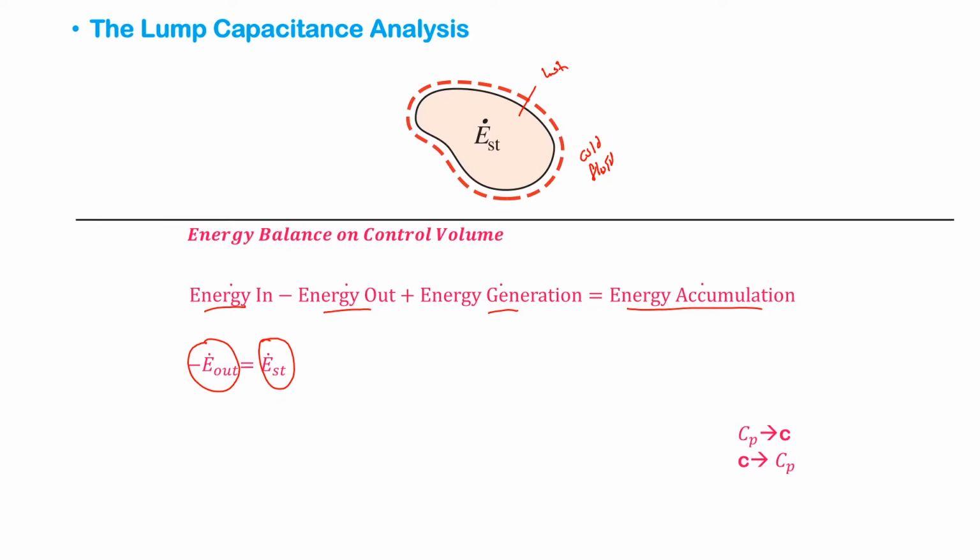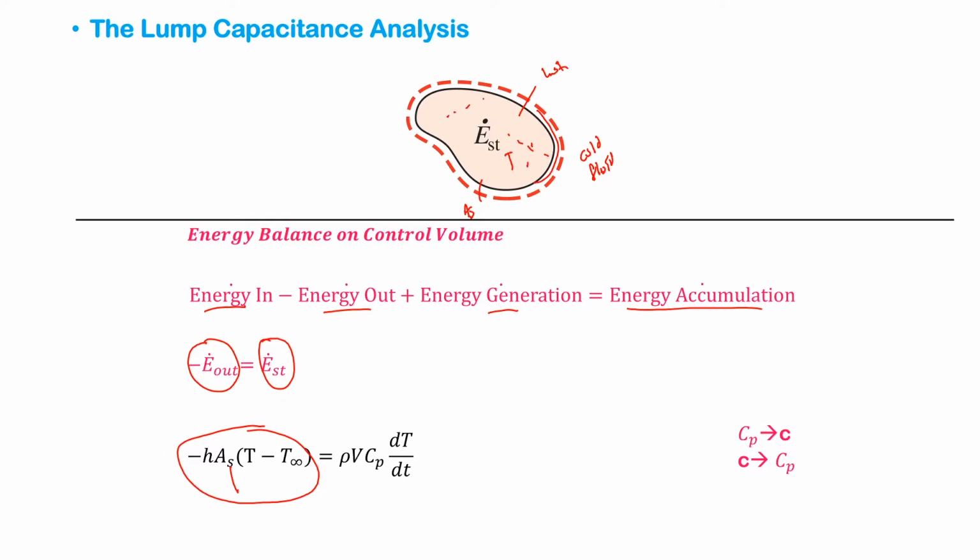Okay? So now, how do we express the heat being taken out from the object? We have the surface area of the object. Let's call this AS. And T is the temperature of the object, and it is uniform everywhere. Again, we assume the temperature is a lump.